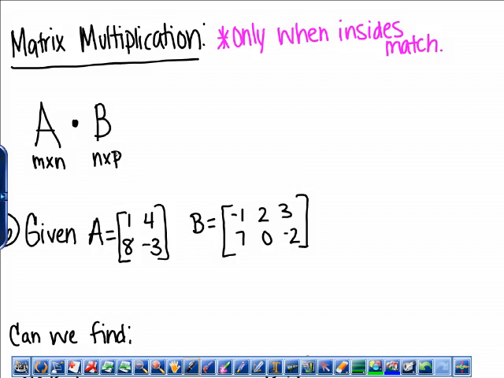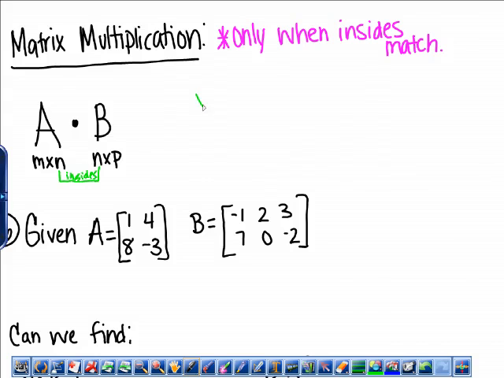What I mean by the insides is these two dimensions. The columns of the first have to match the rows of the second. So this is what I mean by the insides.